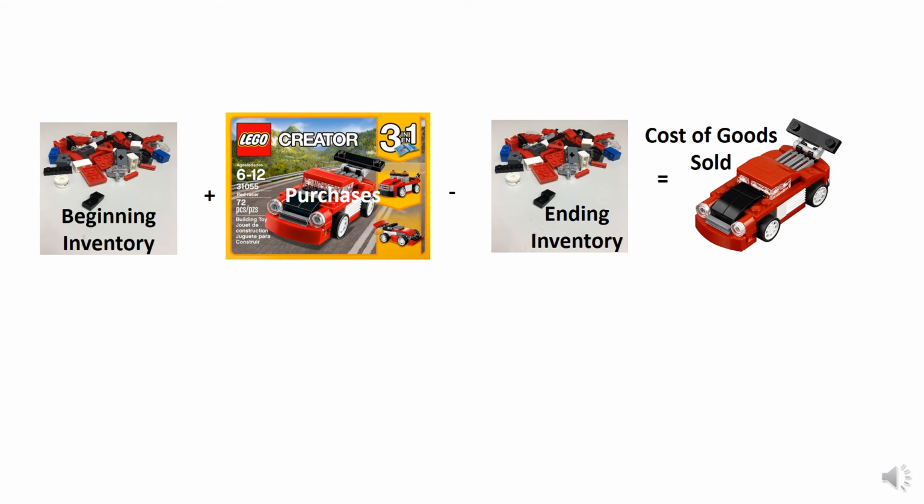We're given that our beginning inventory in the simulation was $101,681. We add to it $1.137 million in purchases, and based on our physical count at the end of the period, we have $202,920 of inventory left on hand.